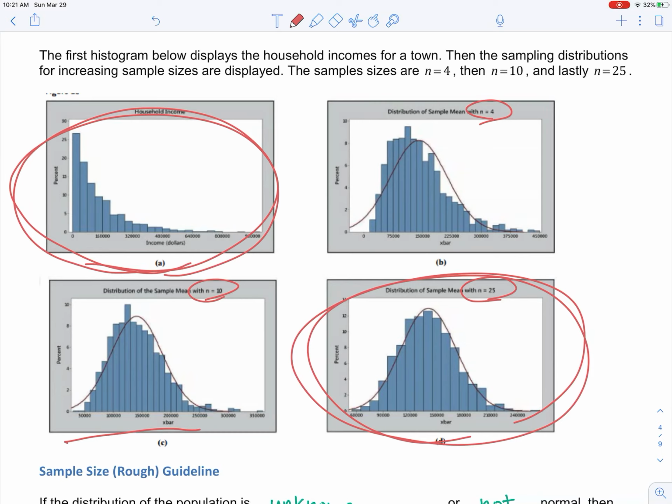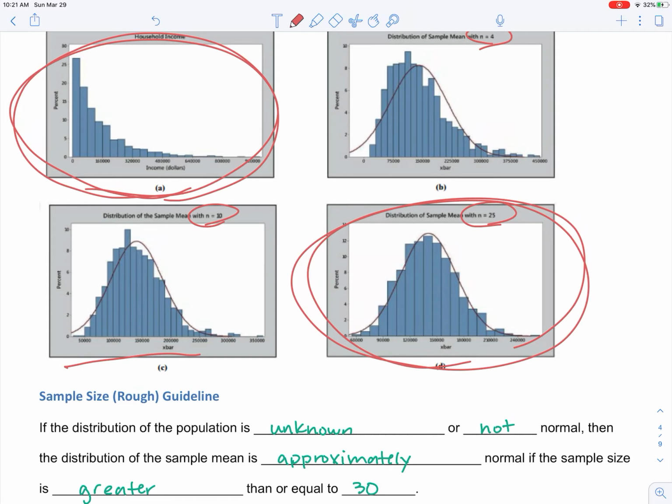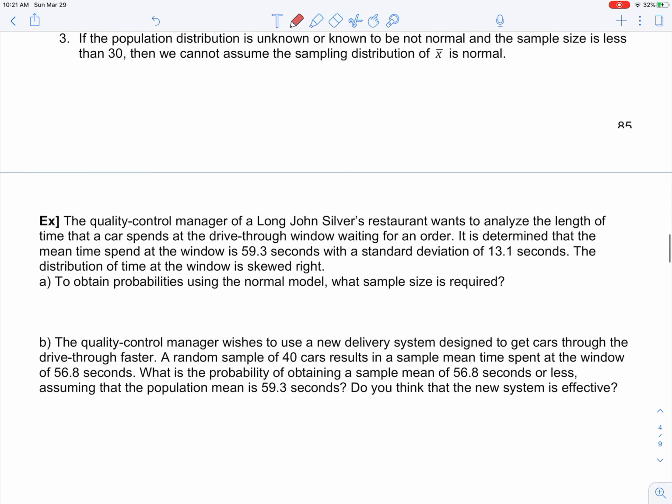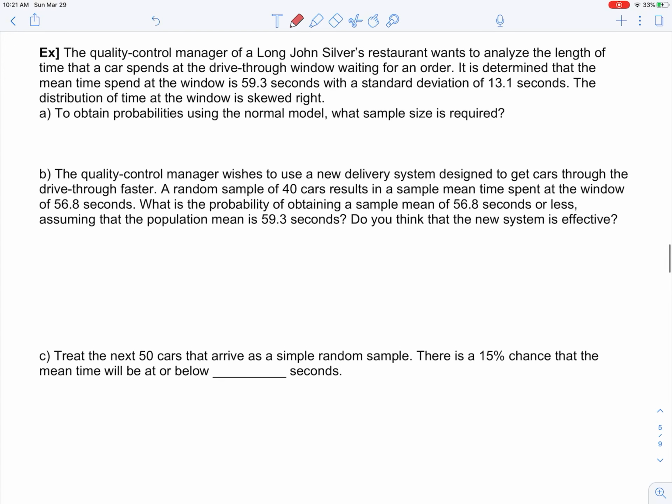And that's with a sample size of 25. So our rough guideline is if we have a sample size of 30 or more, we can pretty much bank on the distribution of the sample means being normal, no matter what the original population looked like. And that is actually pretty astounding and is the main reason why we trust sample statistics in the first place.